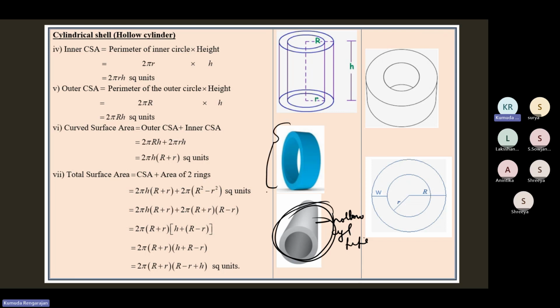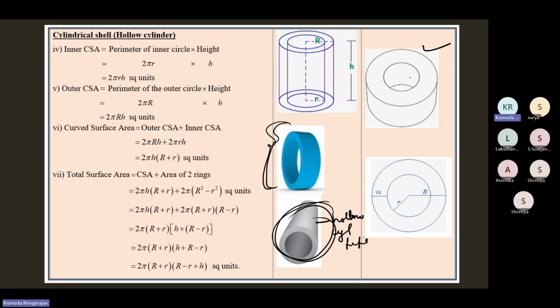That's also a hollow cylindrical pipe. It looks like a hollow cylinder. See this one also. Hollow because you can see the top and the bottom ends are open.